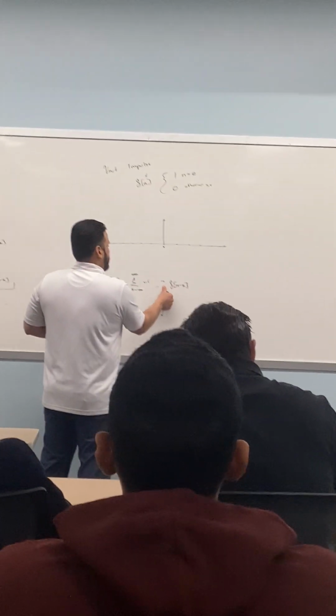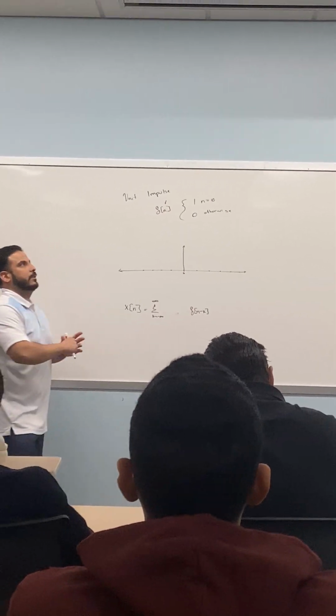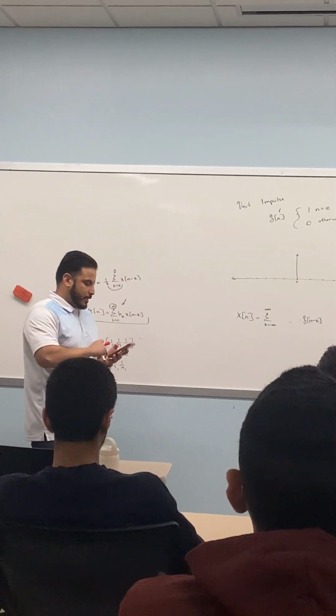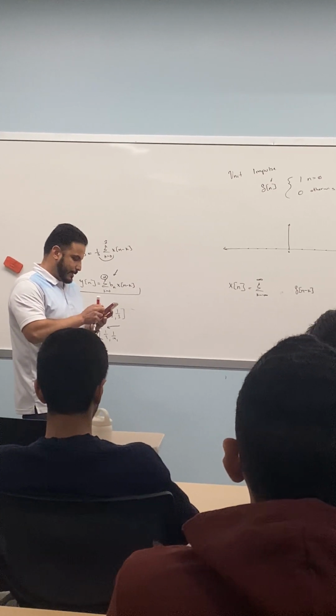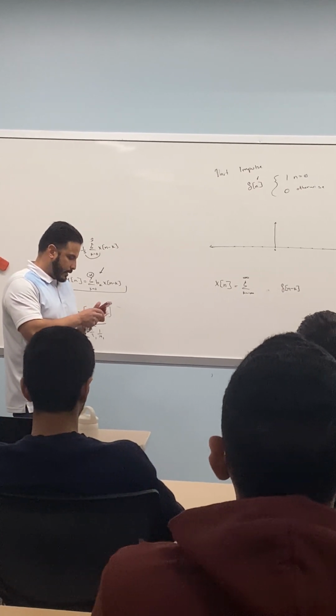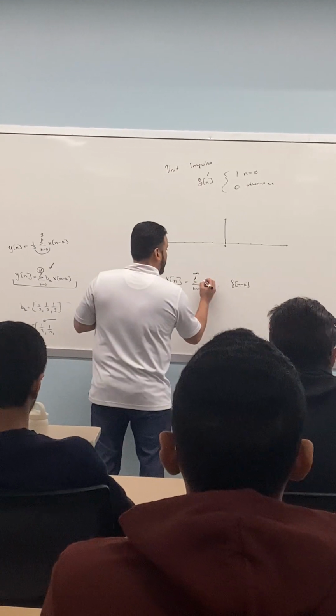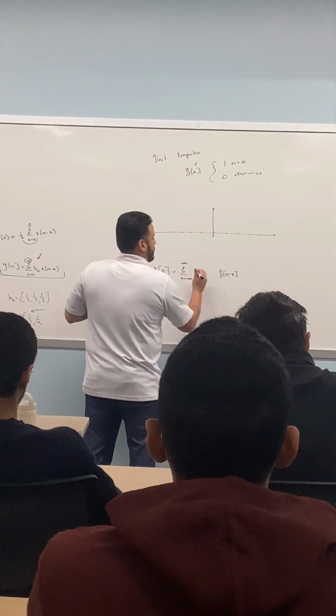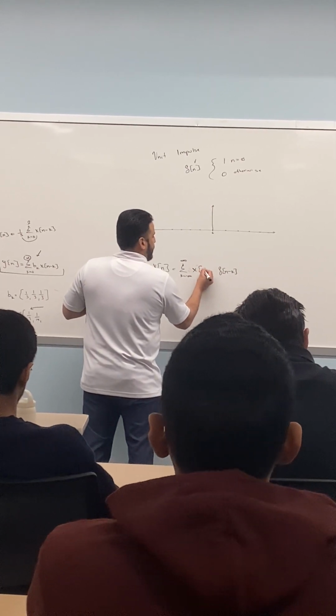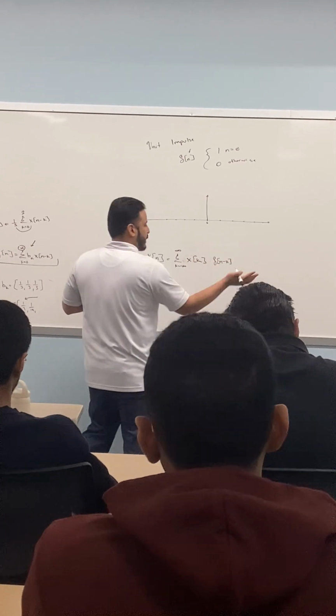Hold on. How does this work? Sorry, I thought about it yesterday and haven't thought of it again. X of n is x of k. Sorry, you're right, x of k, that's where I got it wrong. X of k times whatever that shift is.